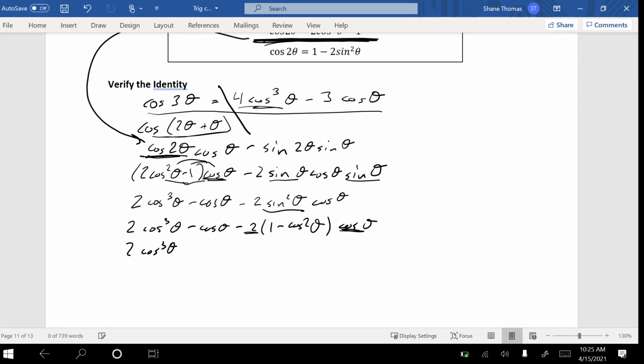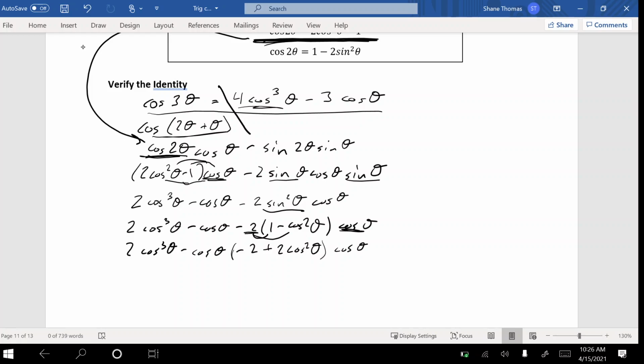2 cosine cubed of theta minus the cosine of theta minus 2 plus 2 cosine squared of theta. And then this is all times the cosine of theta, right? It's out here. This stuff here is all together because I just distributed this, correct?